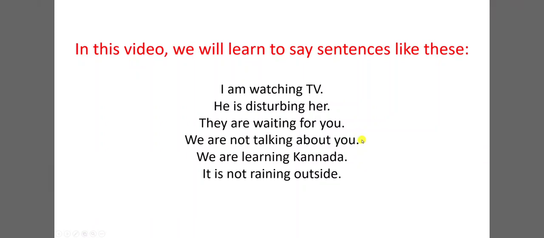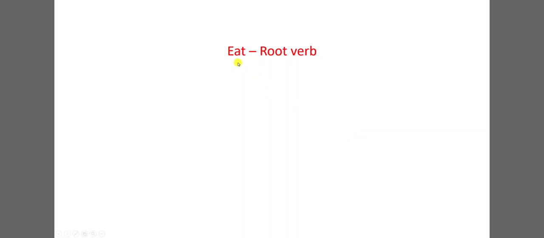Okay? Now, eat is a root verb or a base verb. Eating is the continuous form of this root verb. It is also called as progressive form in English.